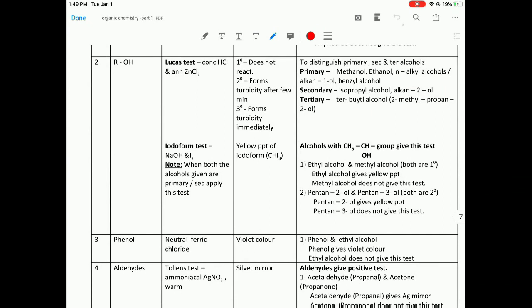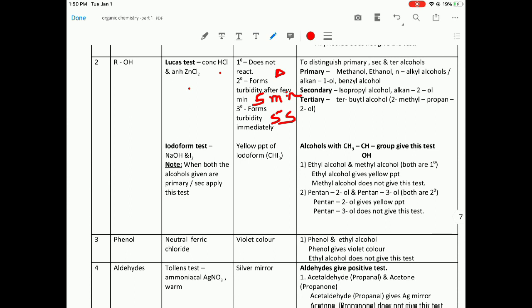The second compound that we are discussing is alcohols. For alcohols, we have two tests. One is the Lucas test. The reagent used here is concentrated HCl and anhydrous ZnCl2. 3-degree alcohols, when treated with this reagent, form a precipitate within 5 seconds. 2-degree alcohols take 5 minutes, and 1-degree responds only on heating.